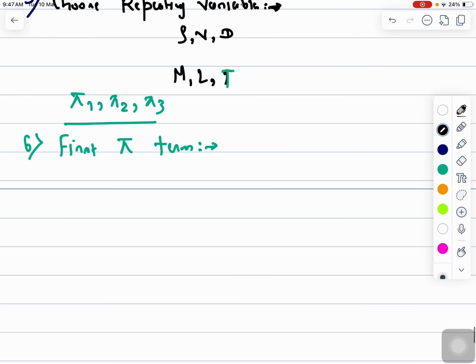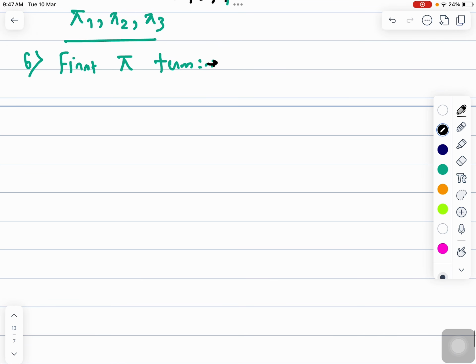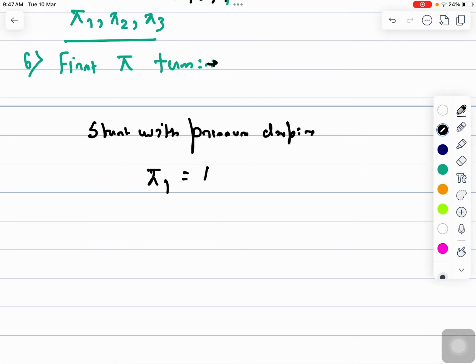So we are going to find out the first pi term. So start with the pressure drop. So let's say your pressure drop, so pi 1 will be equal to what?